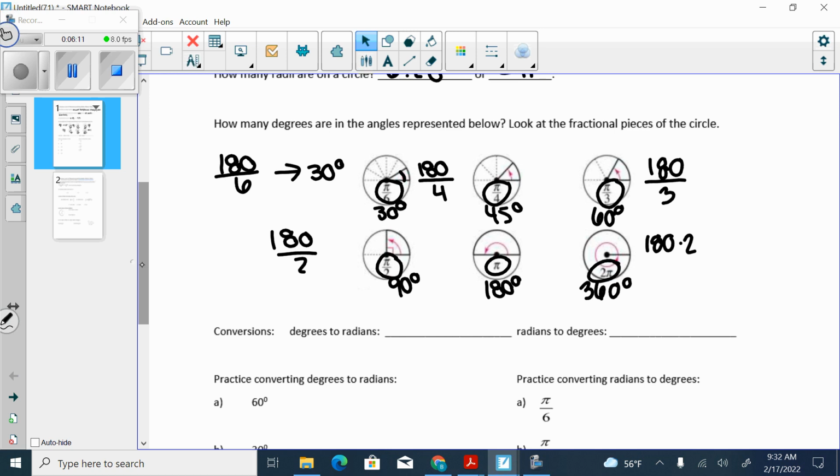So apparently an entire circle, which we know was 360 degrees, is equivalent to 2 pi in radians. Okay? 90 degrees is equivalent to pi halves in radians. Okay, so basically, we just kind of figured out how we could convert between the two.